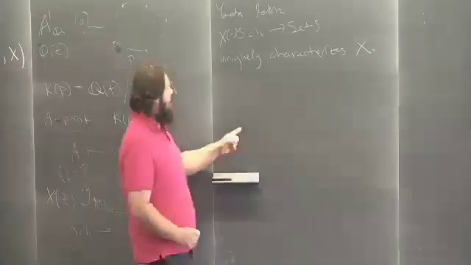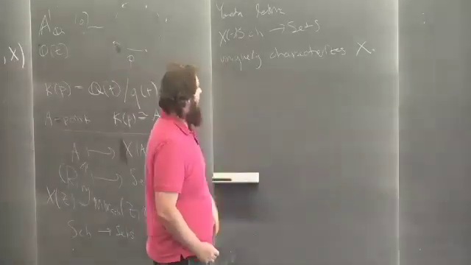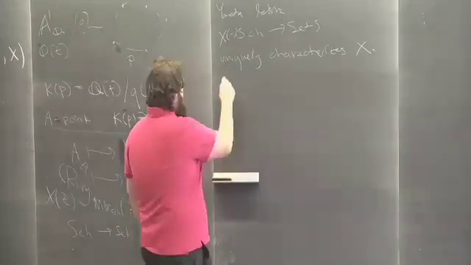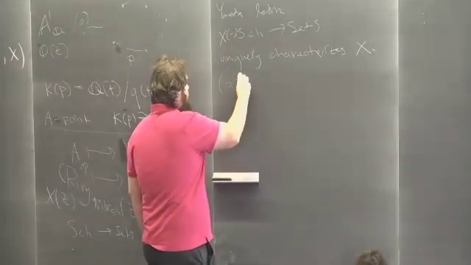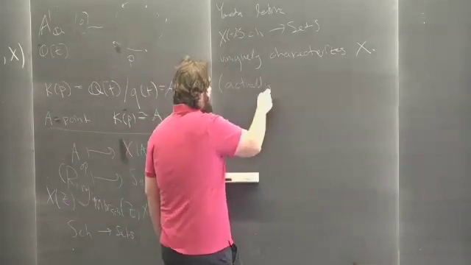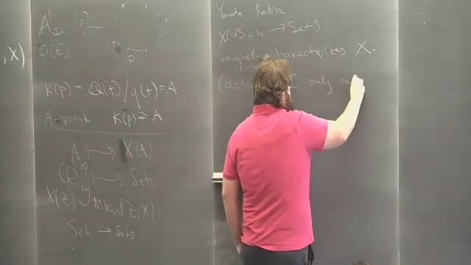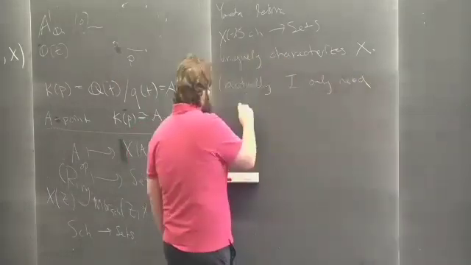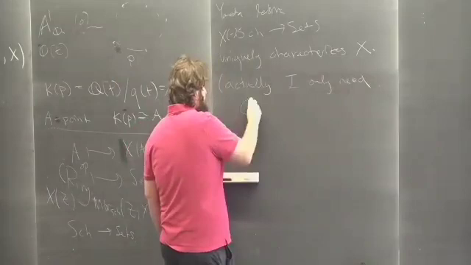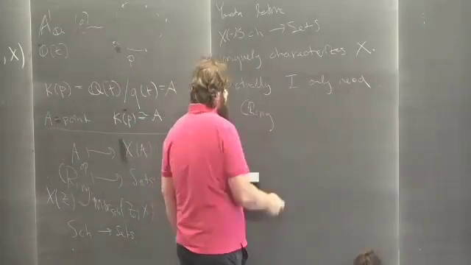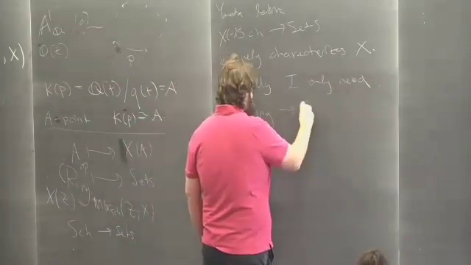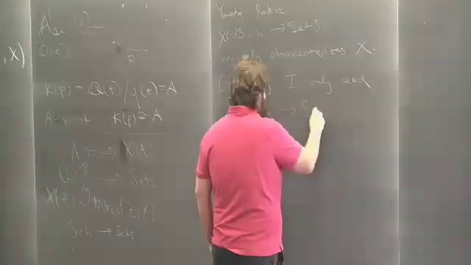That sounds slightly circular because I have the category of schemes here, but you can check, actually, I only need affine schemes. So I only need the functor from commutative rings to sets.